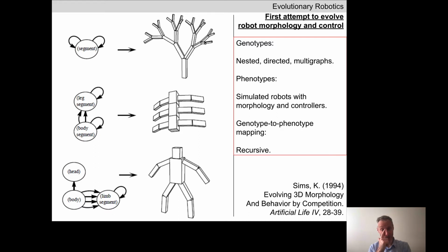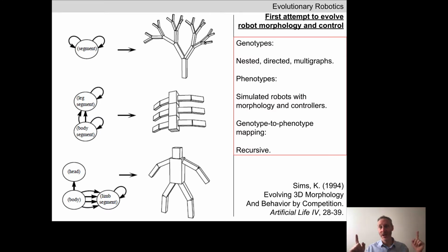As we've seen many times before now, we're going to look at the genotype on the left here, the blueprint or the way that solutions are encoded. And then we're going to look at the phenotypes, which, like your project, are virtual robots. The genotypes, as we've talked about before, in an evolutionary algorithm can be encoded in lots of different data structures.